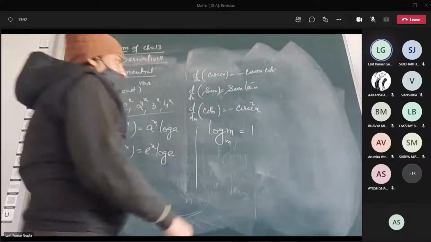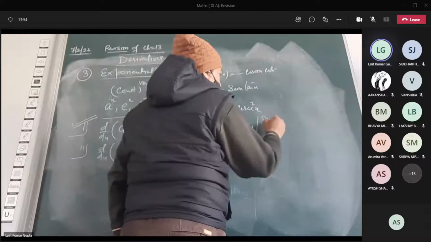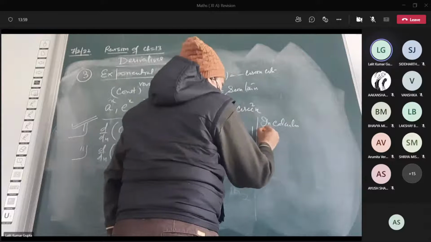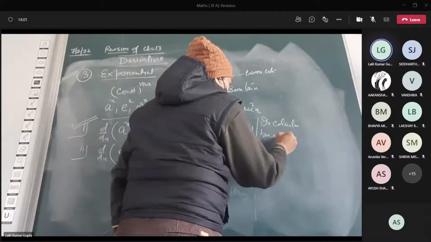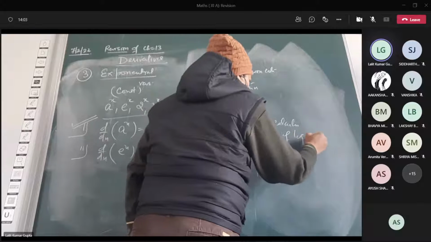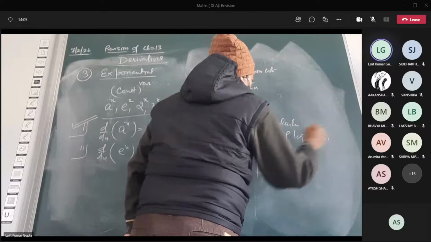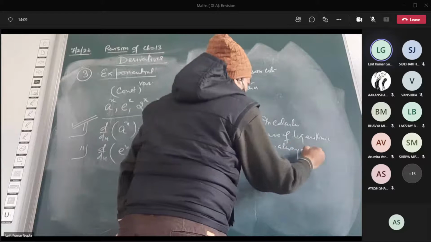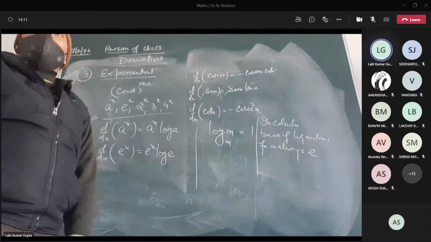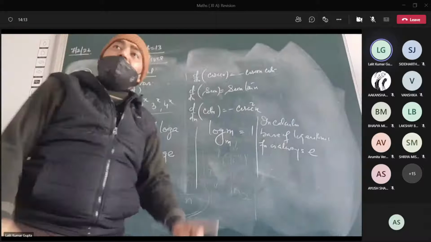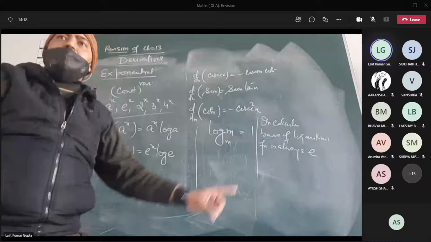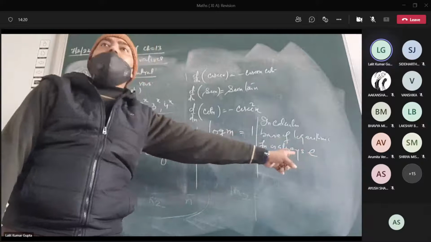So in calculus remember this thing, beta, in calculus the base of a logarithmic function is always e, if it is not given.